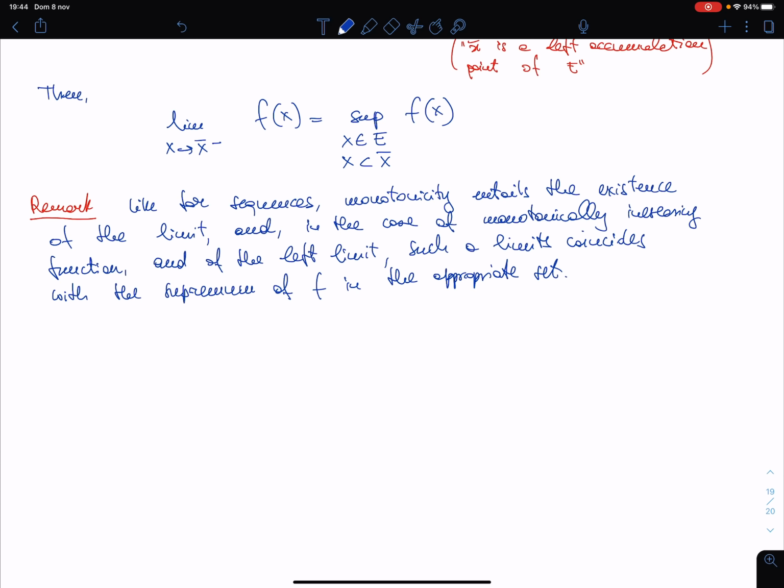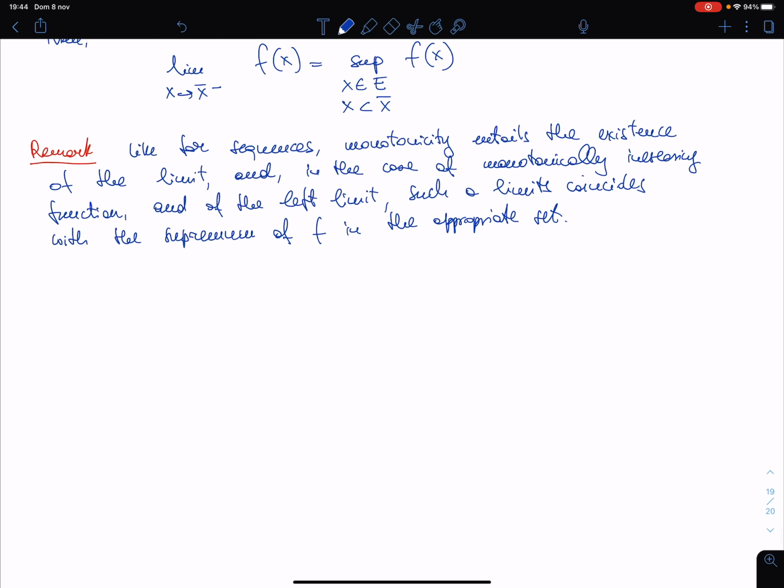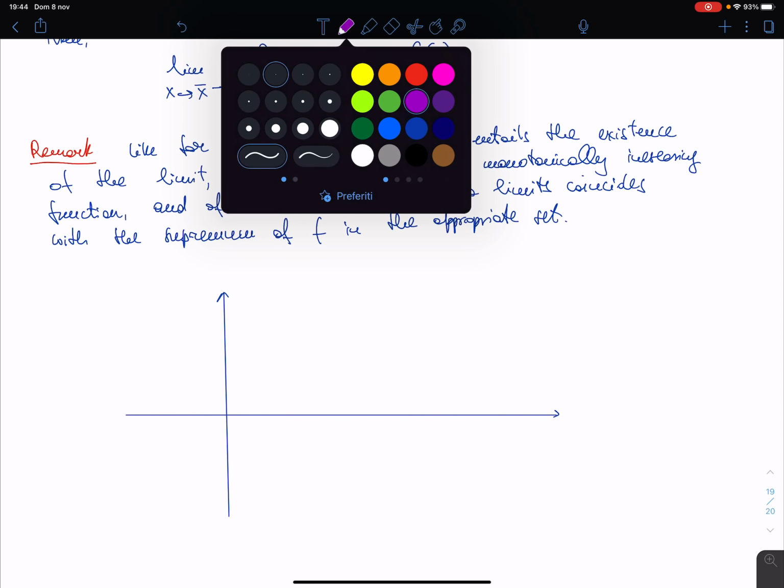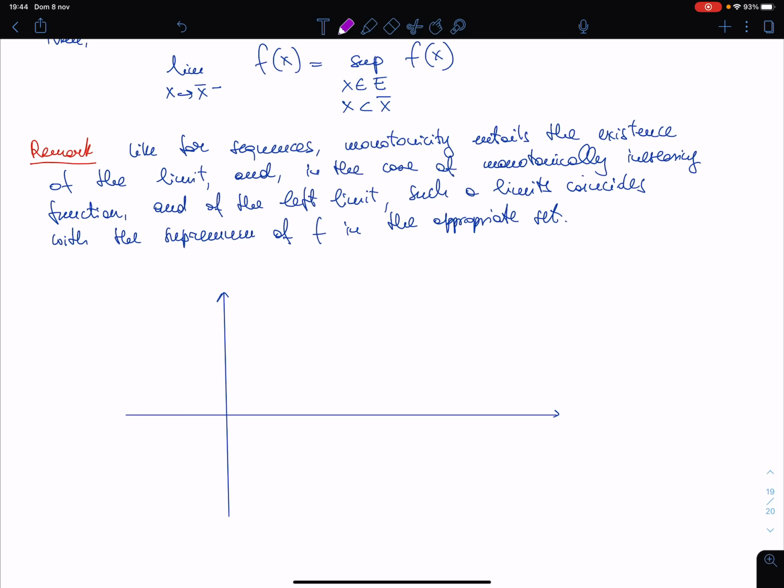Okay, the picture. Here is the picture. So here is x bar, so we can consider a monotonically increasing function like before.